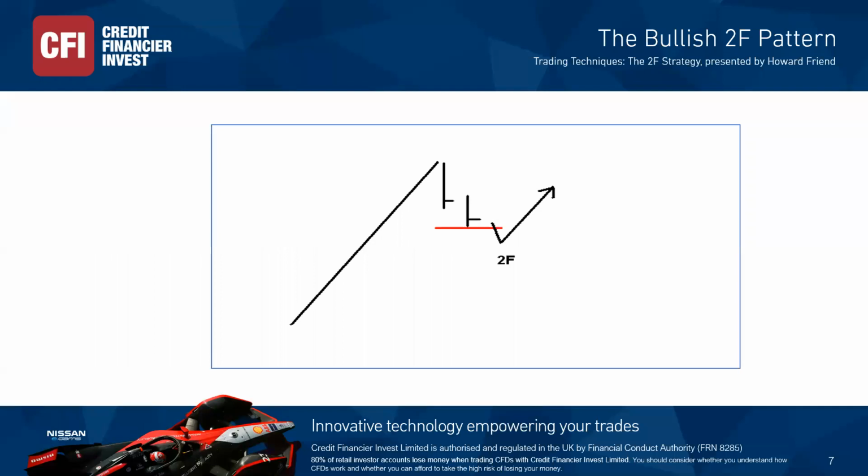So this is how the pattern looks. What you'll have is the market, this is the buy example, obviously, moving to the upside quite aggressively. This could take the form of a series of higher highs and higher lows. It could take the form of maybe 3 consecutive up closes or 2 consecutive thrust bars to the upside.